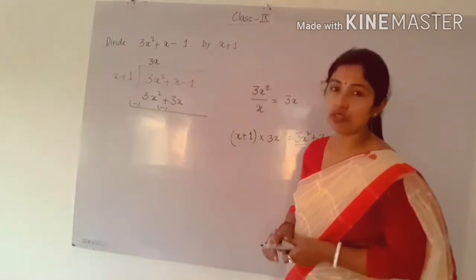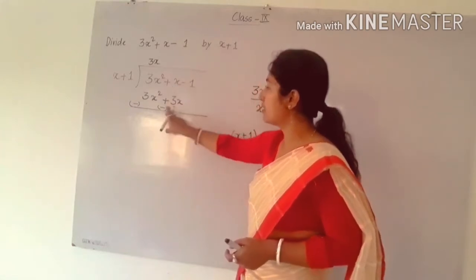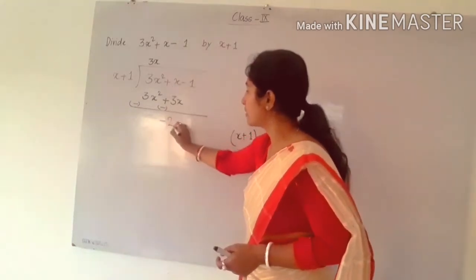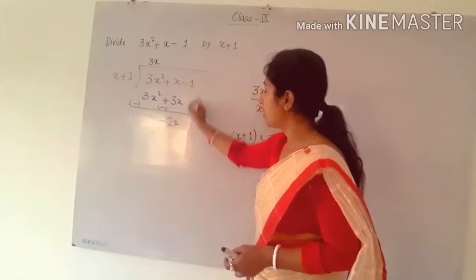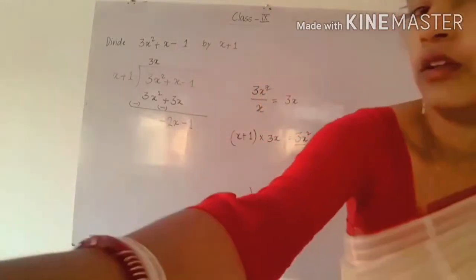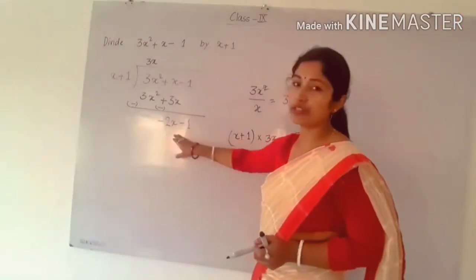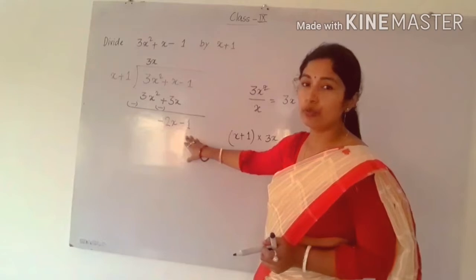Similarly, here also we have to do subtraction. So it will be minus 3x plus x, which becomes minus 2x. Then minus 1 will come below. Then our new dividend will be minus 2x minus 1.